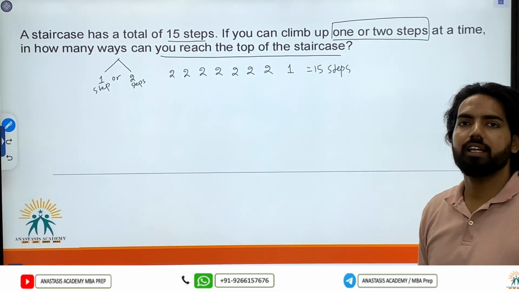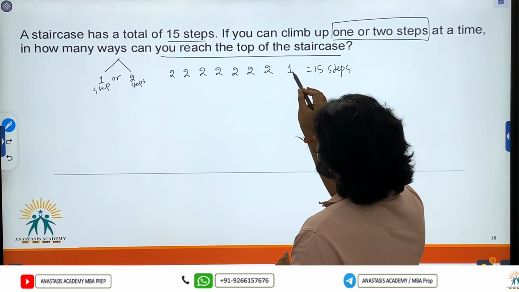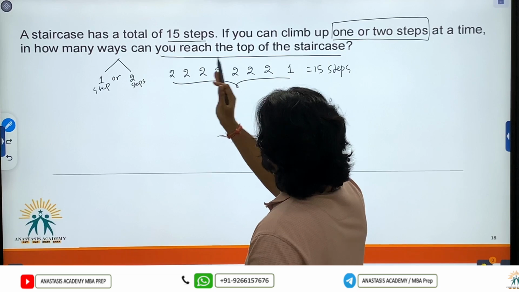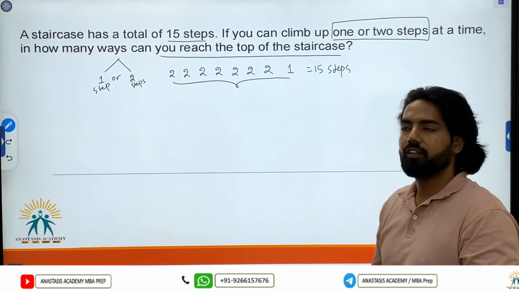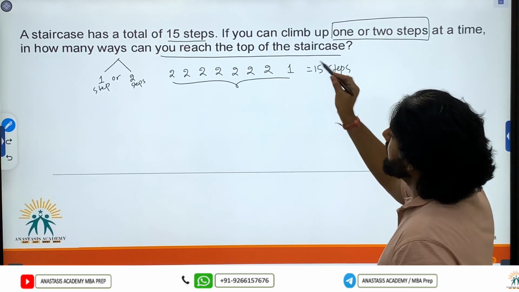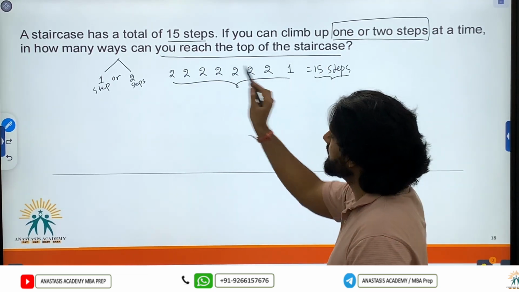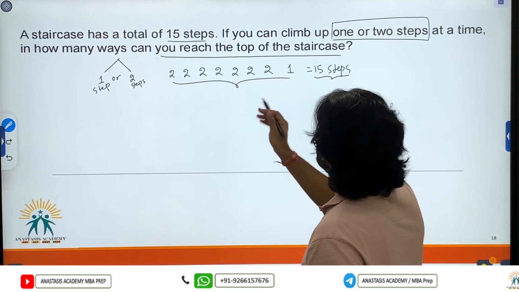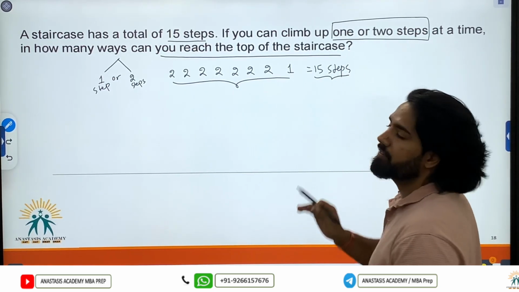This is the possibility, and the relative arrangement of these 1 and 2 will give me a different number of ways of reaching the top, right? Relative arrangement of these 1 and 2 would give me the number of ways to complete these 15 steps.